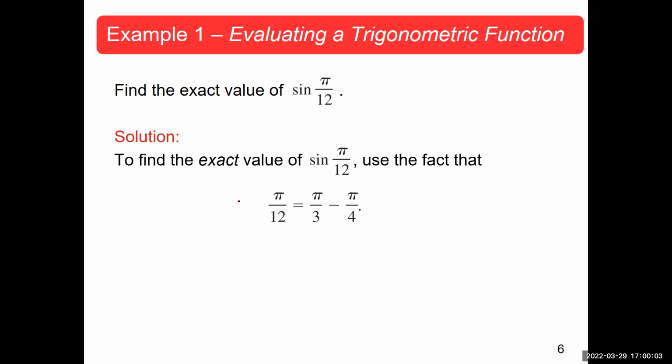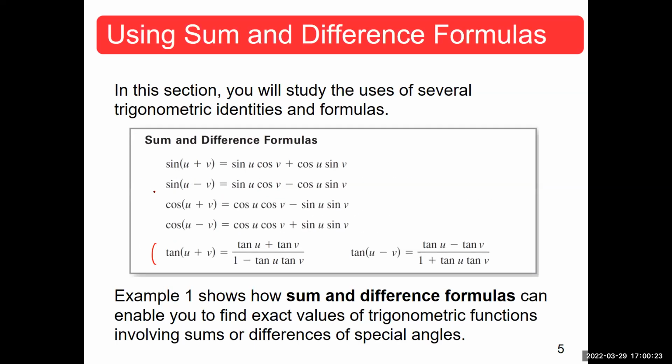So now if you say sine of pi over 3 minus pi over 4, what was the formula? For u minus v it is sine cosine minus cosine sine.